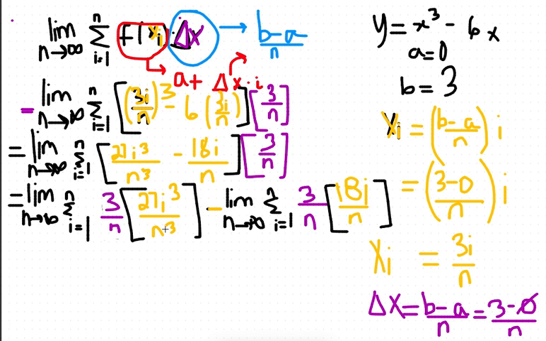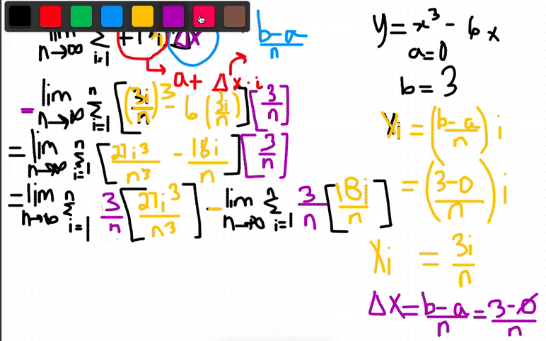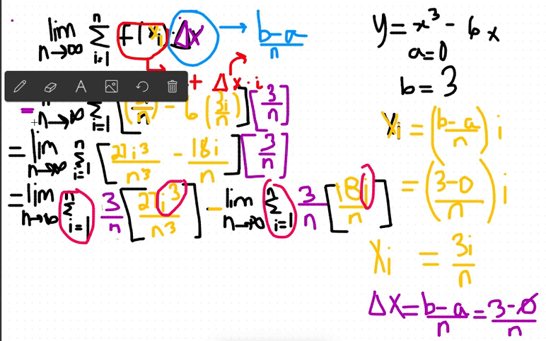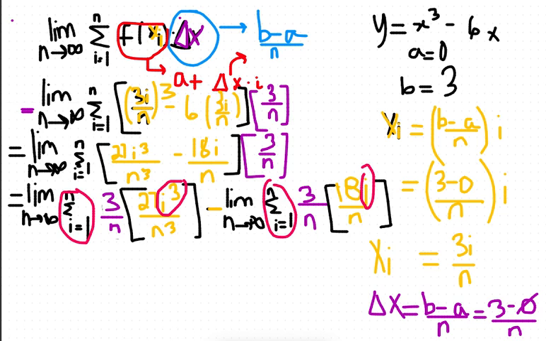Okay, so now you have split it up. Now we only want to keep the i term in front of our limit. Everything else has to stay outside. So this i term has to stay, and actually, these 3 over n that I put should go right here.